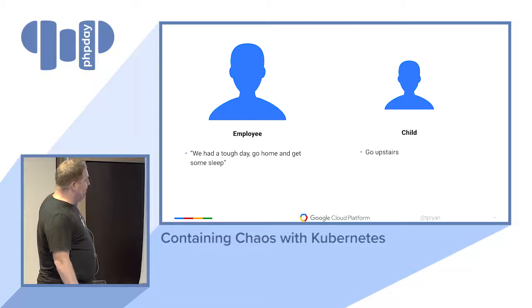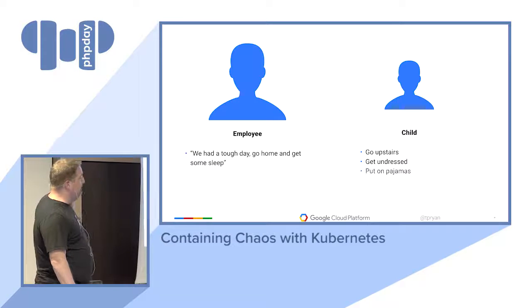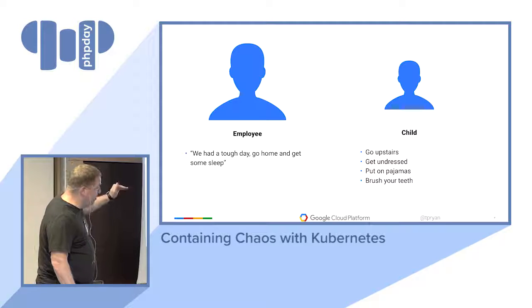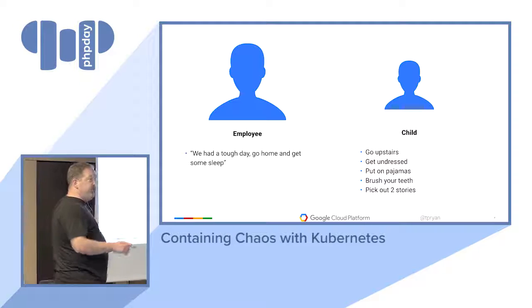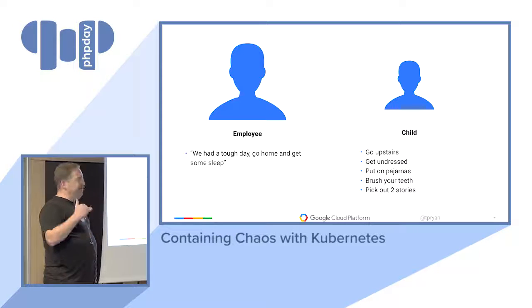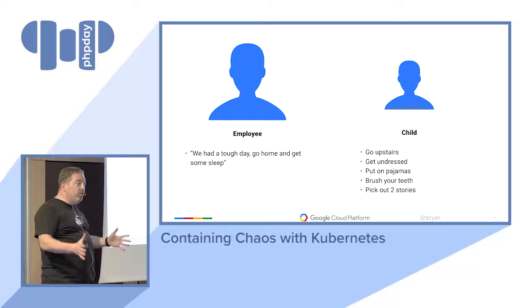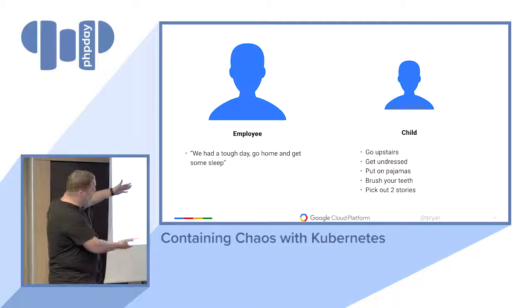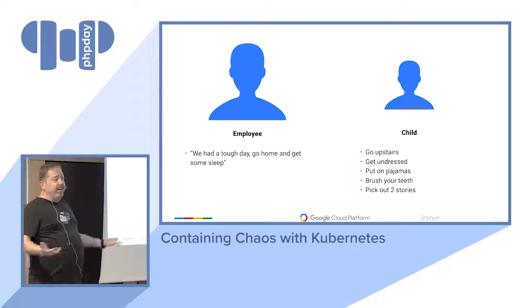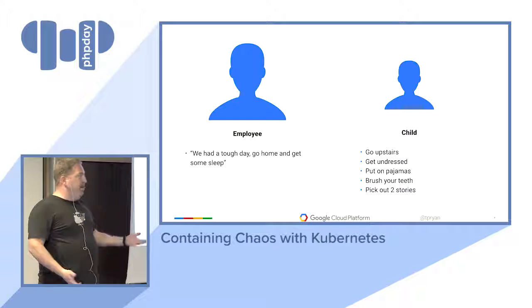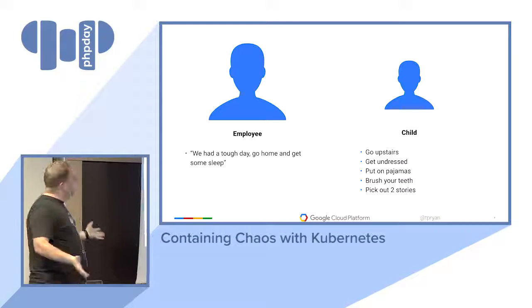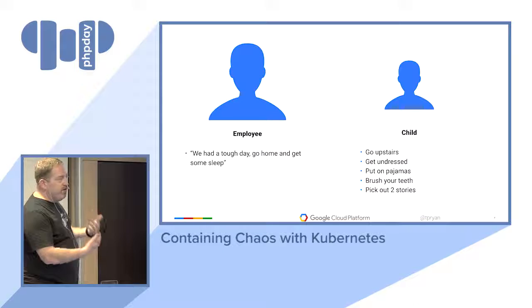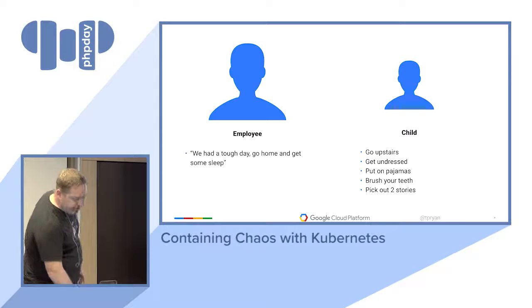With children, it's go upstairs, get undressed, put on pajamas, brush your teeth, pick out 2 stories. And those of you that don't have children might say, do you really have to go through all those steps? Do you really have to tell them to go upstairs? Yes, you do. Because if you don't tell them to go upstairs, you'll end up with a naked child in your living room. And much like servers, when one of those steps goes wrong, you'll see things that you don't want to see. So we want our services to act like employees and not children.